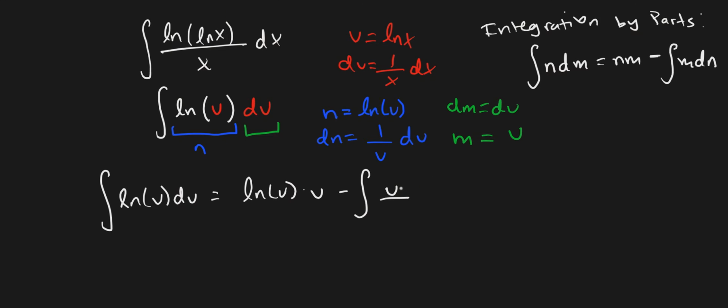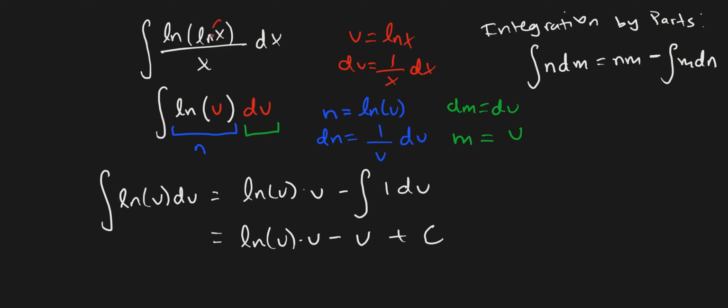Basically what I had here was u times 1 over u du, which is just 1 du. So this is equal to the natural log of u times u minus u plus c. And that's it.